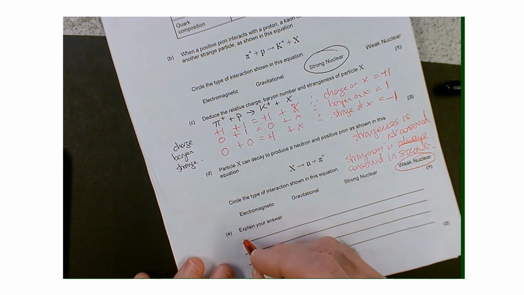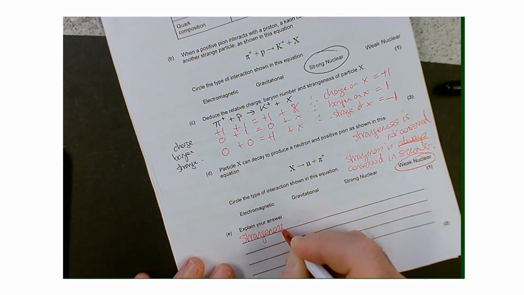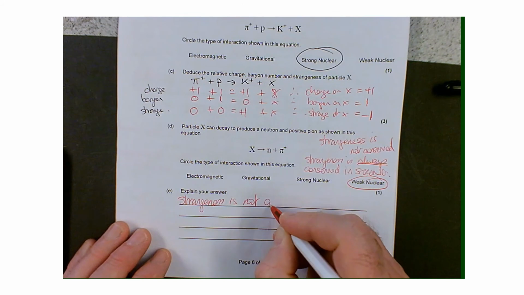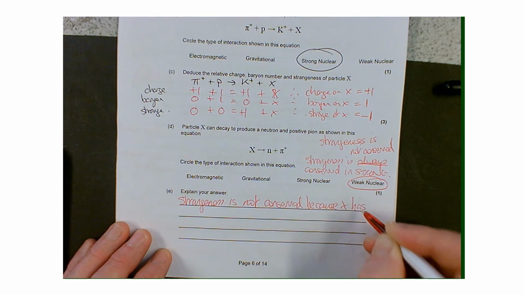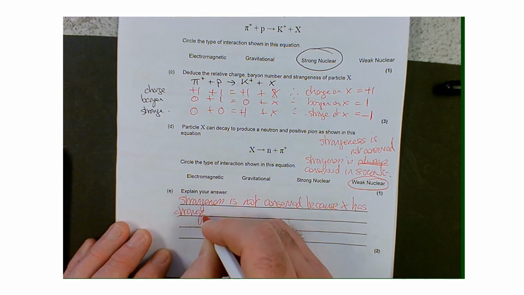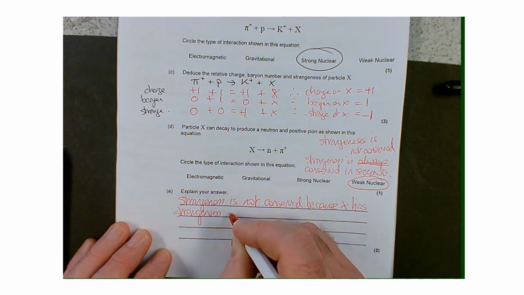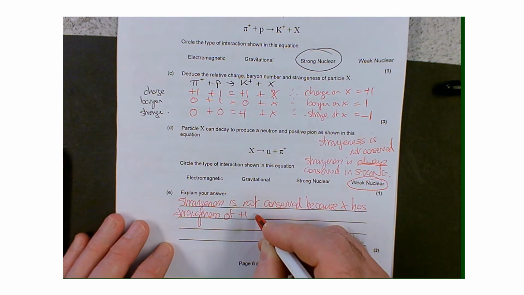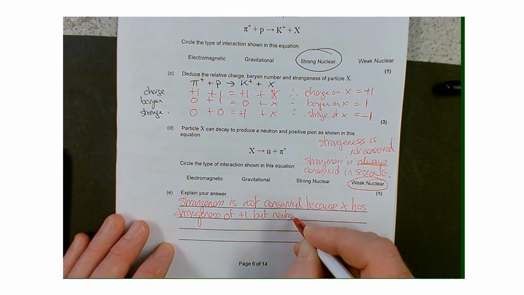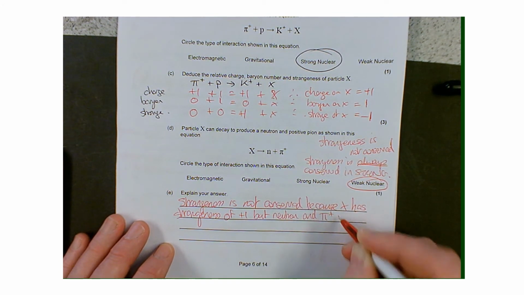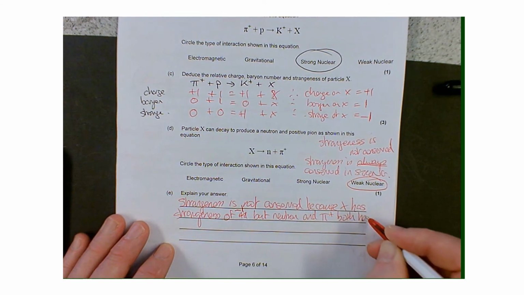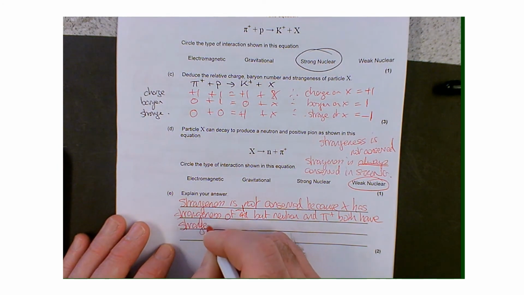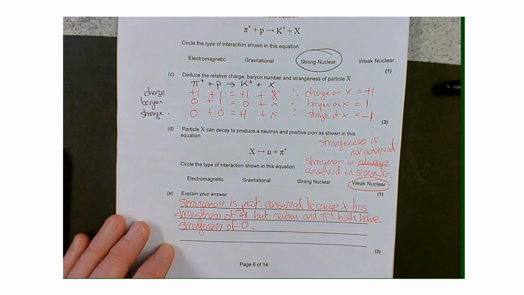There's 2 marks, so you could say the strangeness is not conserved because X has strangeness of -1, but the neutron and pion plus both have strangeness of 0.